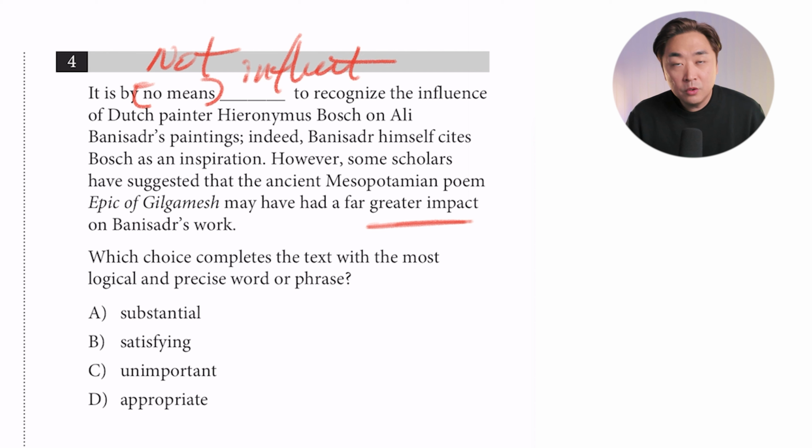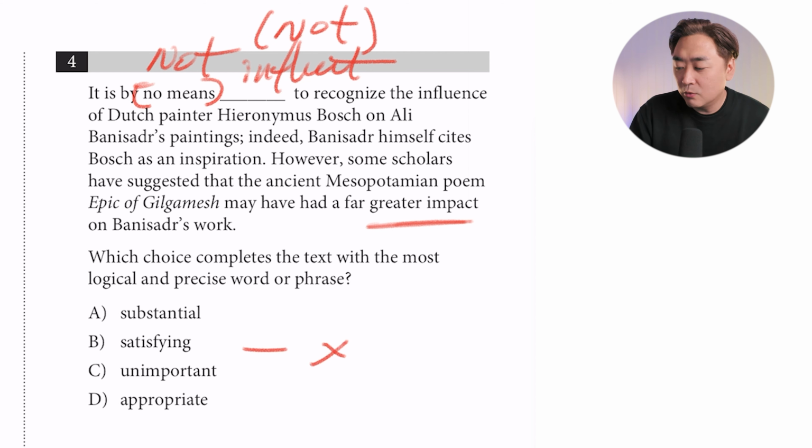Now, when it comes to English, the only way you can do this is to create what we call a double negative. So just like math, negative times negative equals positive. It's like saying I am not unsuccessful, which means I am successful. So in this case, I'm looking for something that is negative. It is by no means negative to recognize that becomes positive.